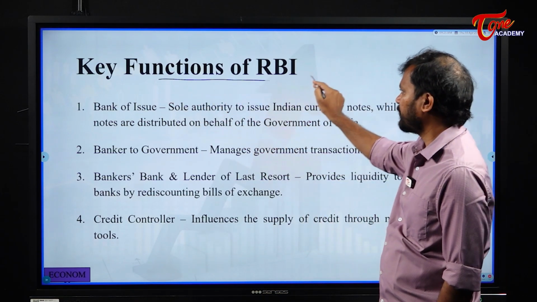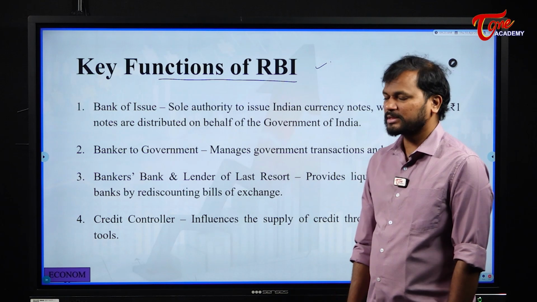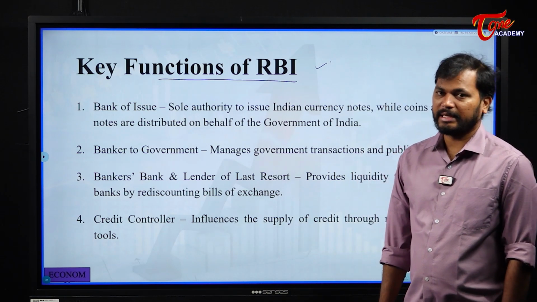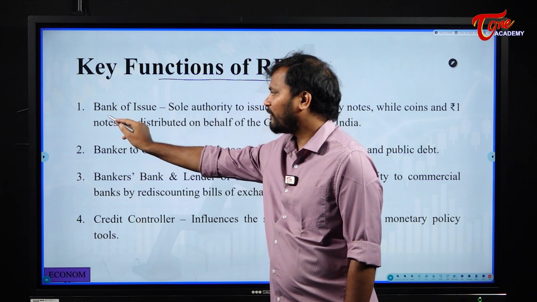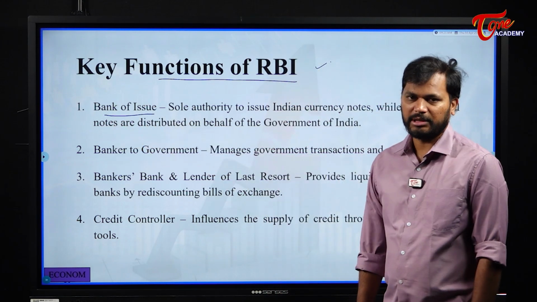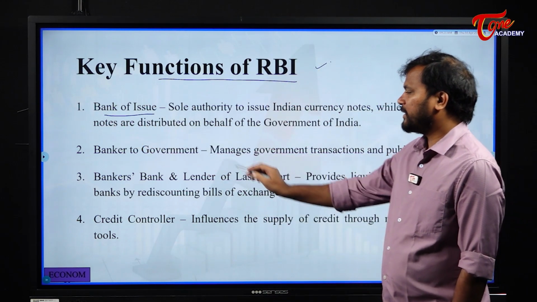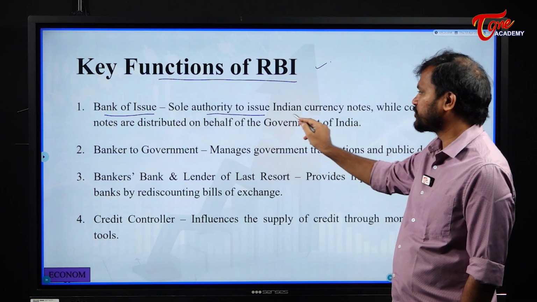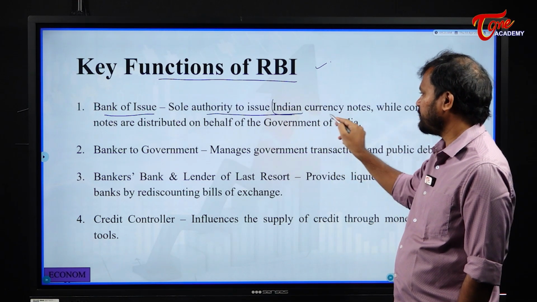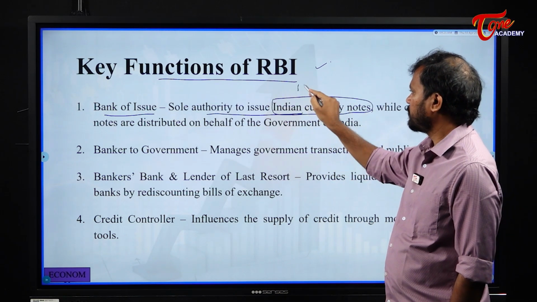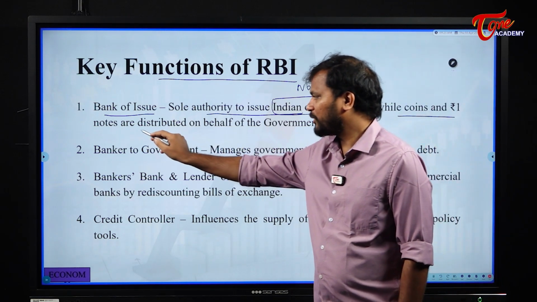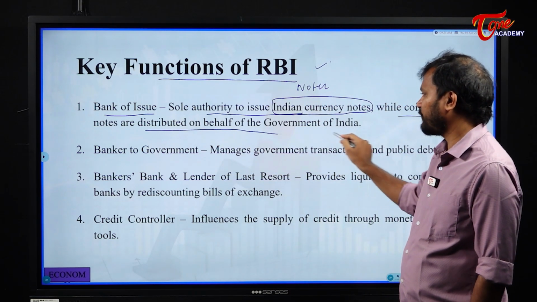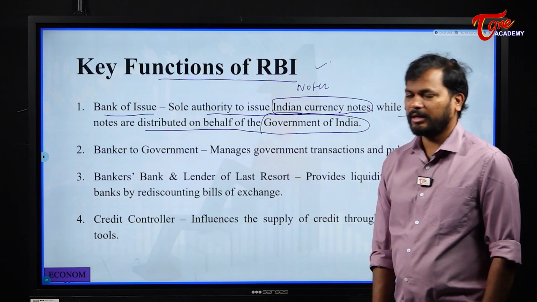This is very important. Why? Because majority of the times the questions are asked from this area. The key functions. The first one is the bank of issue. RBI has the sole authority to issue the Indian currency notes, while coins and one rupee notes are distributed on behalf of the government of India.